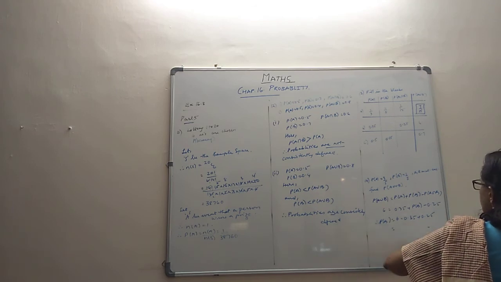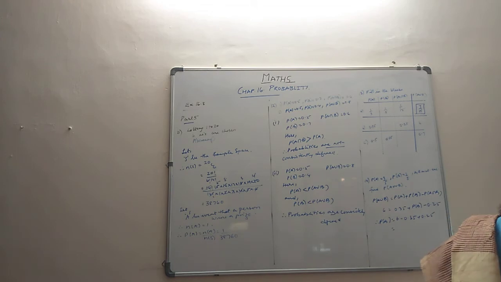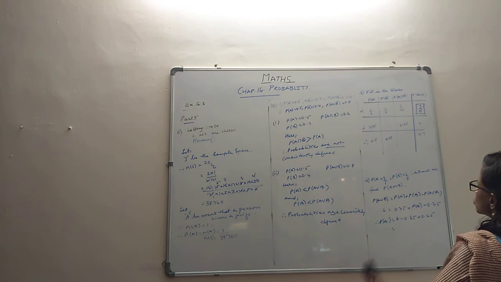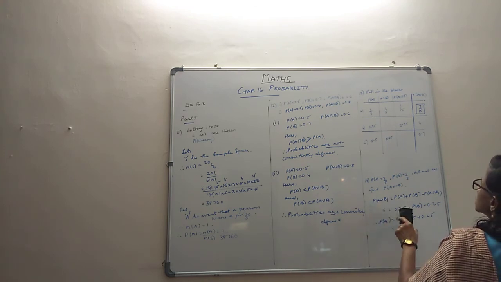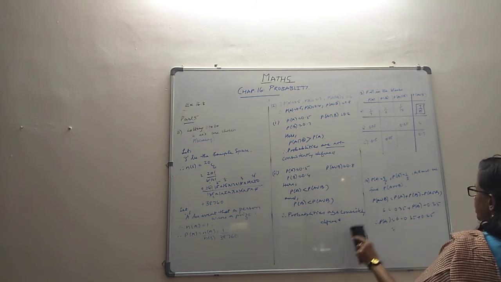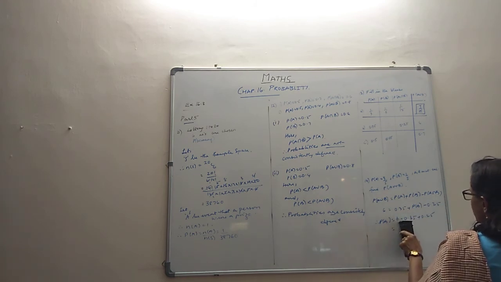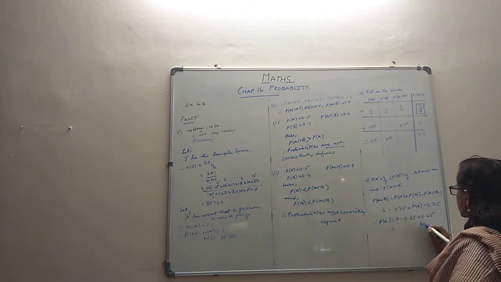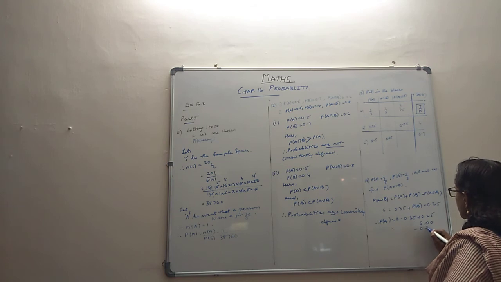Let me go over it once again. 0.35, 0.25 and 6, correct. So this is 6, this is 0.35, this we don't know, and this is 0.25. We've taken everything on the other side, minus 0.35 and plus 0.25. Okay, once again let's do the subtraction.